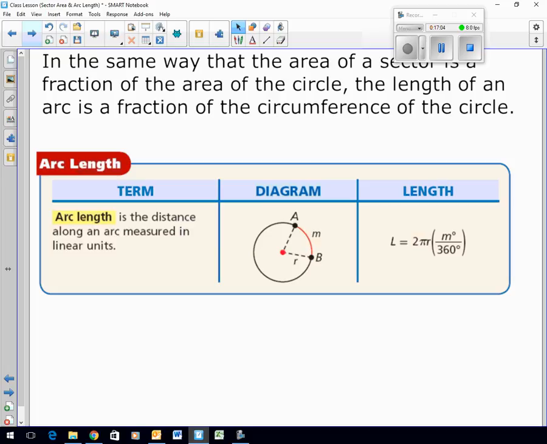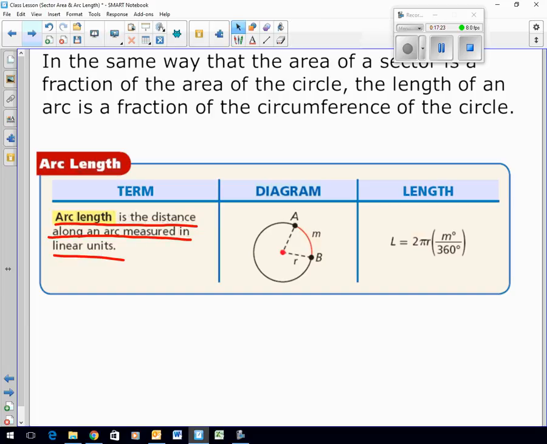I told you we had to go to arc length. Mr. Bradley, quit making duck faces, and let's write this down. Arc length is the distance along an arc measured in linear units.